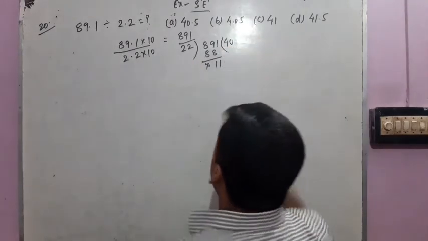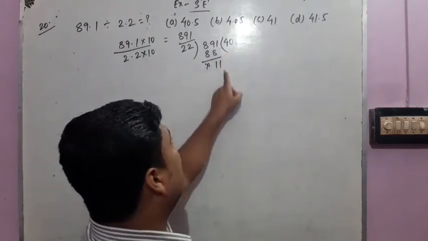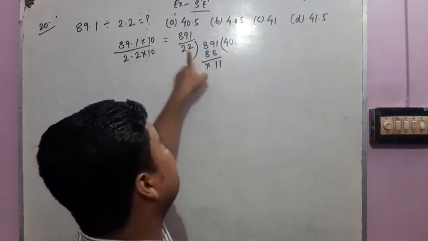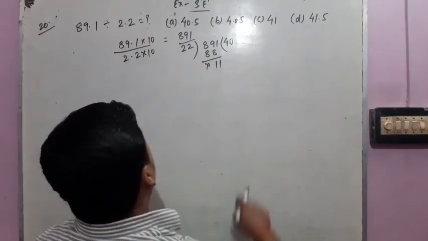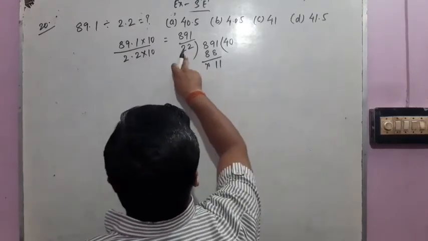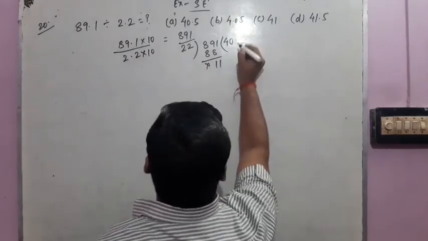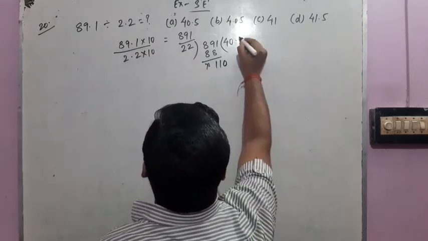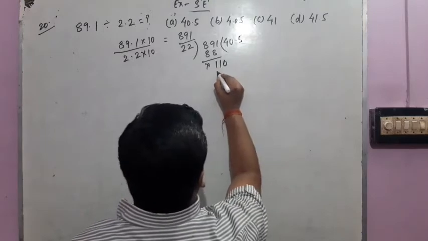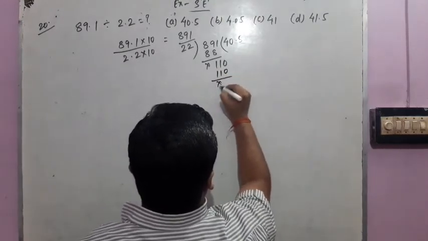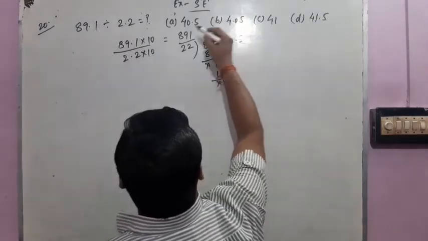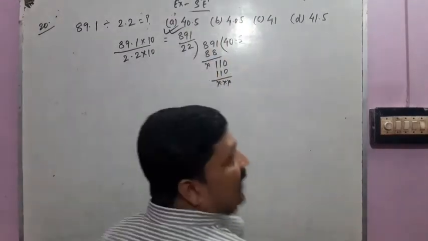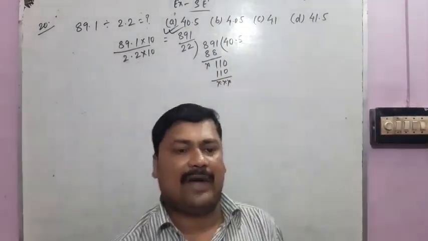Whenever you are taking a digit from the dividend and the number is less than the divisor, then we have to mark a 0 here. Now 11 is not divisible by 22, so we have to take a decimal here. Now what becomes here? 110. 22 fives are 110. Okay, students. So the correct option is 40.5 and the option is A. The A option is correct, 40.5.